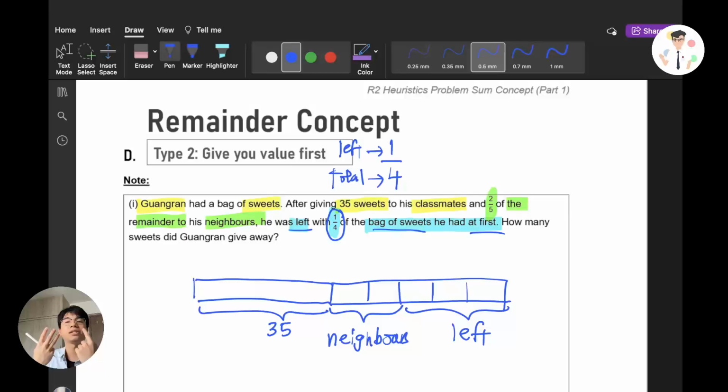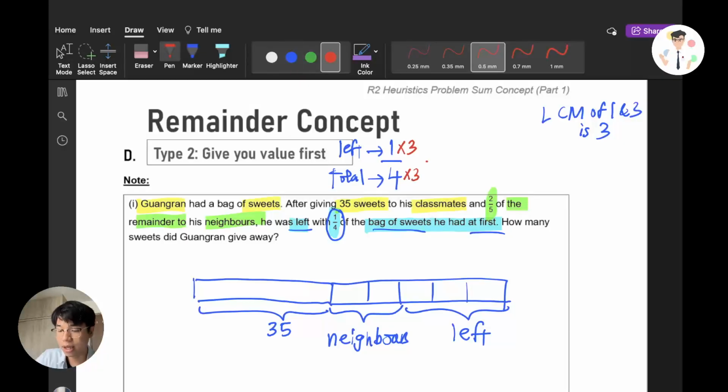So you are supposed to make it the same by looking for the LCM. What is the LCM of 1 and 3? It's very obvious, it's just 3. So 1 I need to times what? Times 3. So I times 3 here, and of course I need to times 3 here, and now I know my total, or my new fraction, is 3 out of 12.